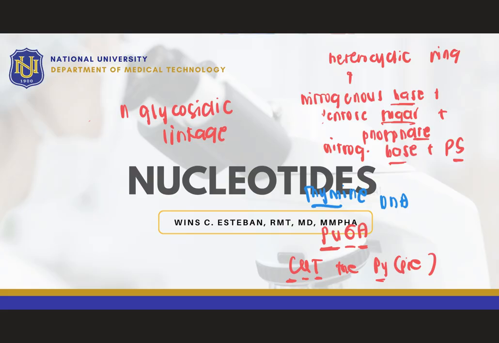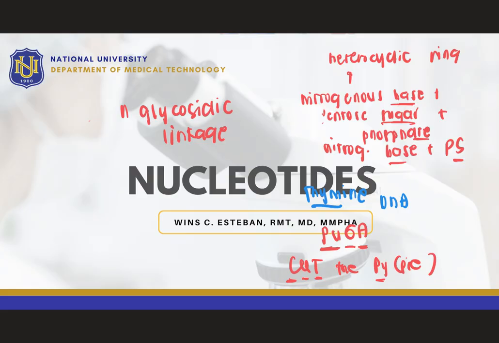Okay, now for your nucleotide, we talked about this one earlier that this refers to the combination of your nucleoside plus your phosphate. Bakit nucleoside plus phosphate? Because remember that nucleoside is composed of nitrogenous base plus pentose sugar. And the composition of your nucleotide is nitrogenous base plus pentose sugar plus phosphate.